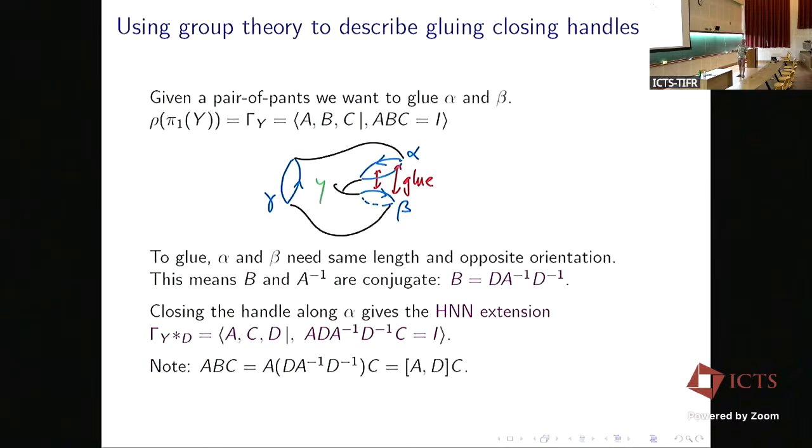Namely, if you go around this boundary curve, that's the same as the commutator of the curve that goes this way around, which is the A, and the D, which is the one that goes that way around. But the moral of this is, closing a handle means you take two group elements in your relation and you replace them with a commutator.